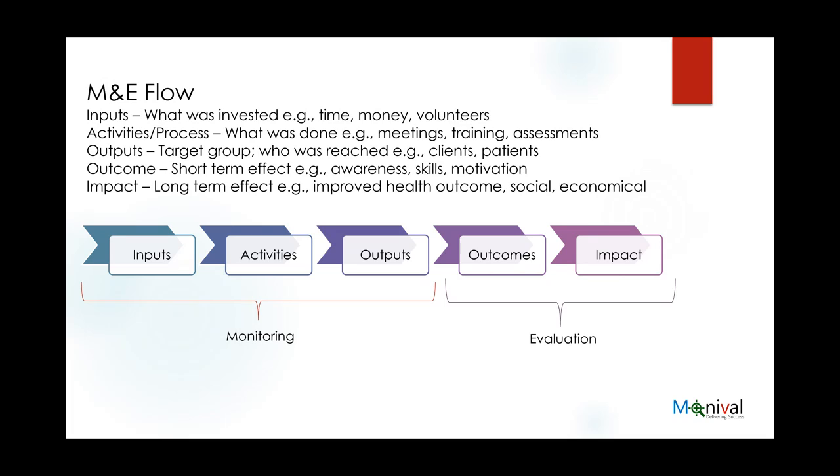Outputs are what people were impacted by this process: the community, clients, maybe patients. Then the next thing is the outcome. Outcome is a short-term effect produced from this flow, which may include skills people gained. The last one is the impact, which is of course the long-term effect, including how economically or socially people are affected. You can see how they're split into two, but they're one process.